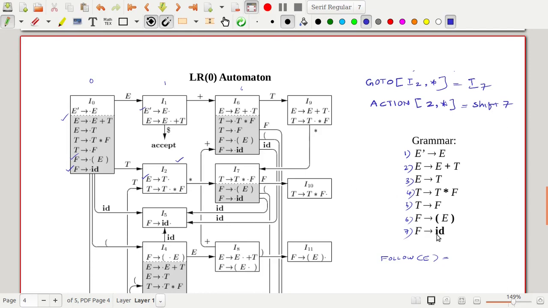Follow of E, now when we compute, we'll have the set of terminals dollar comma plus comma this bracket.